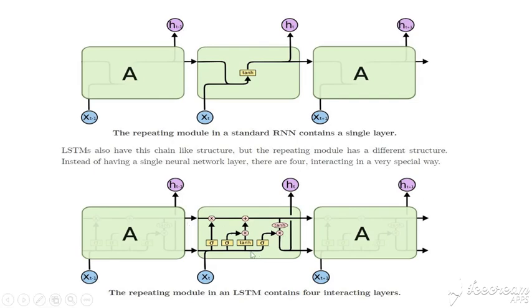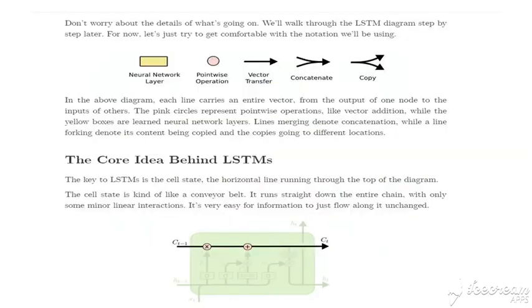And the TANH activation function is also grouped with your input, which is also given as feedback to the next layer. So that is how it is different from RNN. RNN just had a TANH activation function, whereas LSTM has three sigmoidal activation functions and one TANH activation function. So there are four interacting layers in the internal structure of LSTM. So these are a few ways to represent that internal structure.